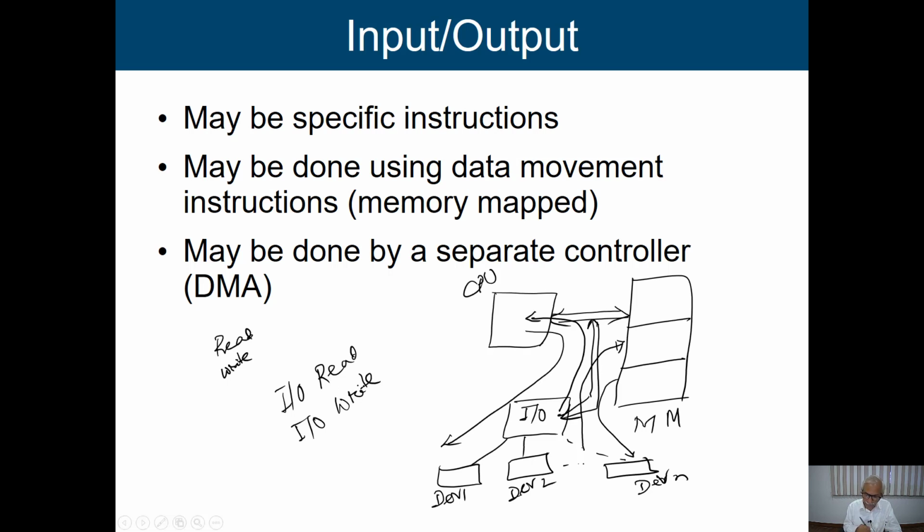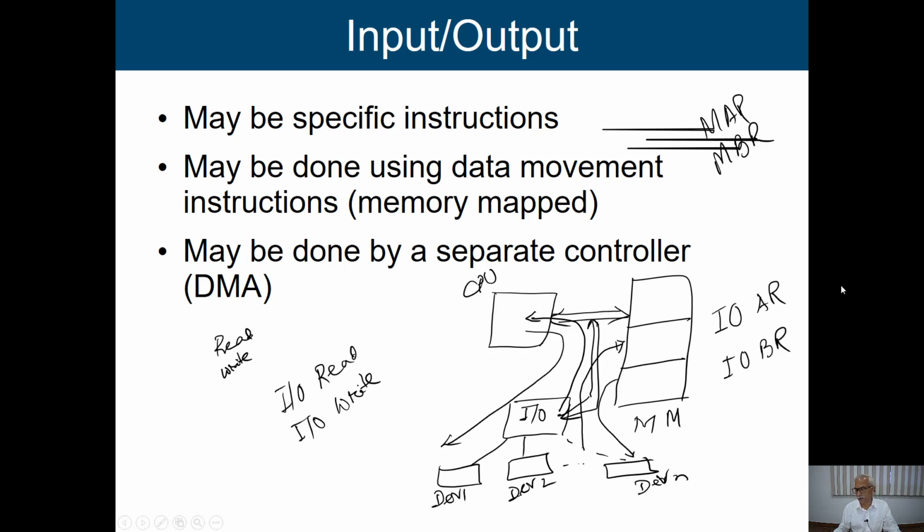And I think in one of the machines, when we discussed MAR and MBR, in this slide we have seen two more registers, and at that time I didn't mention them. These are your IO AR and IO BR, input output address register or input output buffer register.